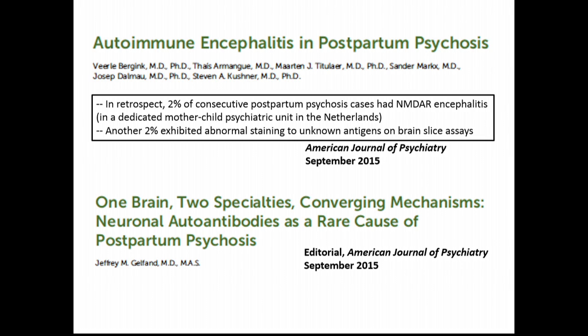So up to 4% of postpartum psychosis patients in a dedicated unit in the Netherlands may have an autoimmune encephalitis. I think we're going to start seeing more and more examples of cases that were never identified. These were patients who just weren't treated because no one had picked it up at the time, and got better on their own.